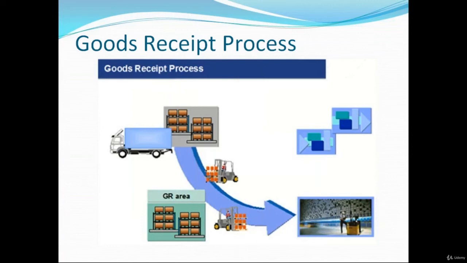In that, you will be specifying the material, how much quantity of material you need, the delivery date of the material, your plant and storage location, and the vendor plant. Then you will specify all the necessary details and create the purchase order.